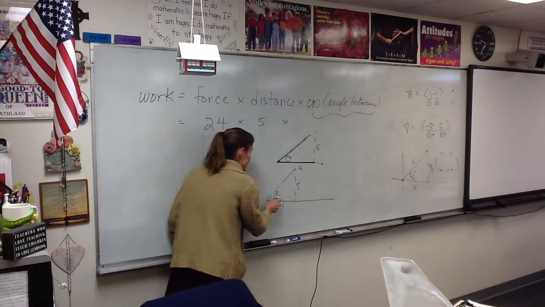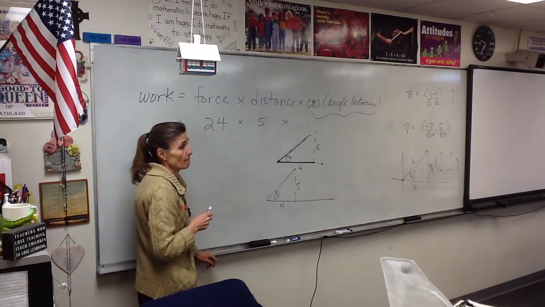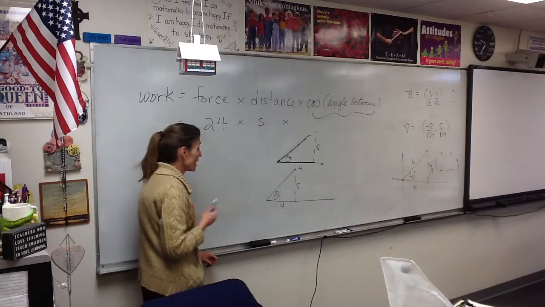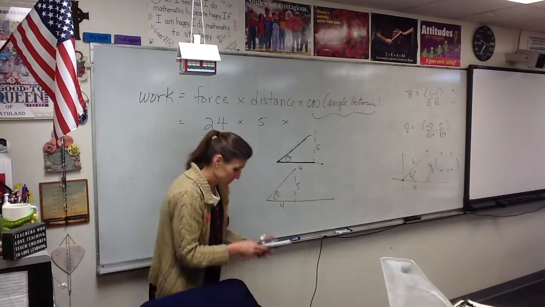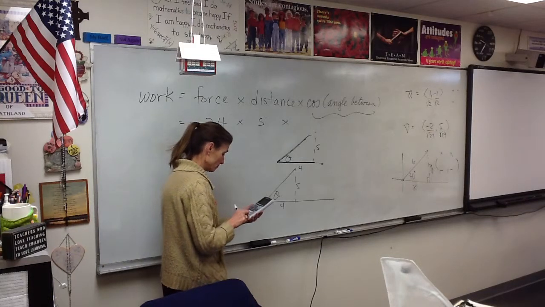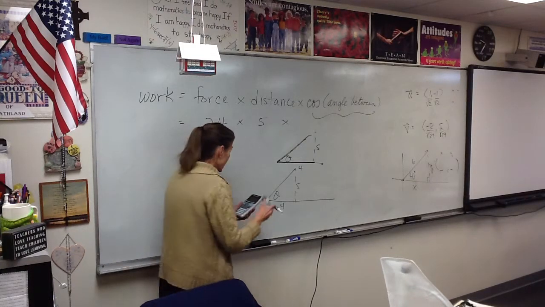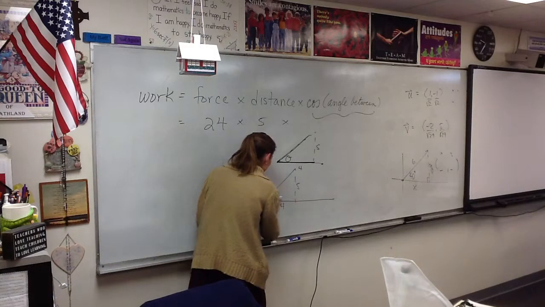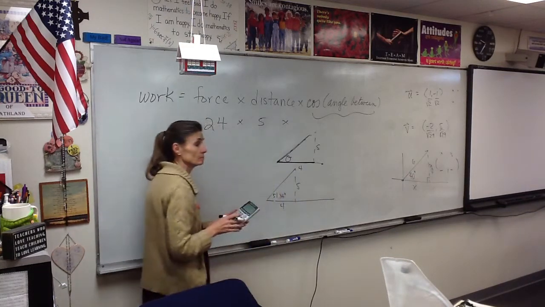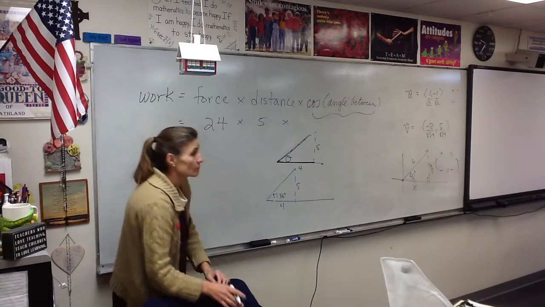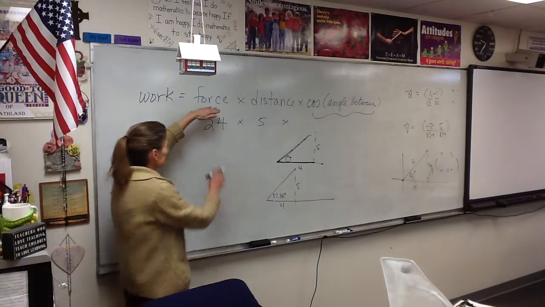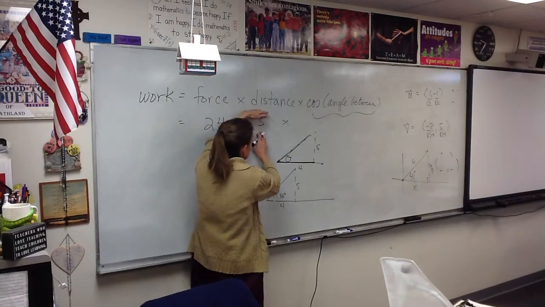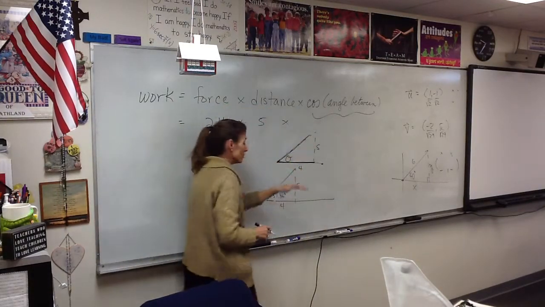Now, how can I find this angle? I would do inverse tangent. And so that angle is 51.34 degrees. By definition, work is force times distance times cosine of the angle between.